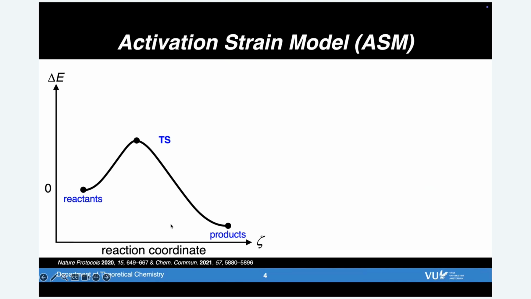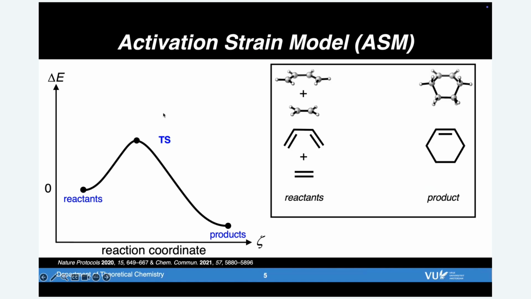You'll do the same for your products, and then via some interpolation or potential energy surface scan, you can find the transition state that really links these two stationary points. And for the Diels-Alder reaction, here you have the reactants that I've shown you. Here you have the optimized structure of the diene, the dienophile, and your adduct here, your 6-membered ring.